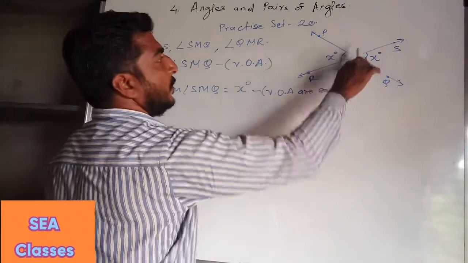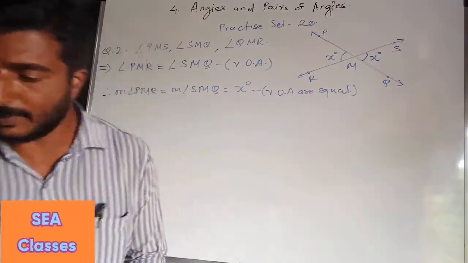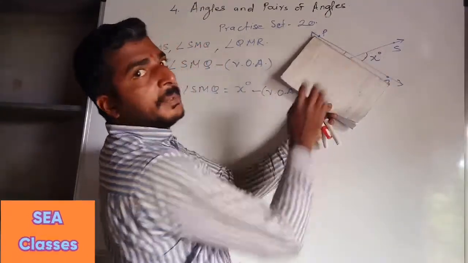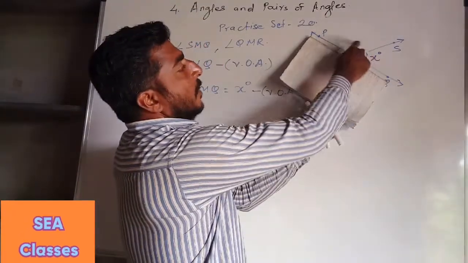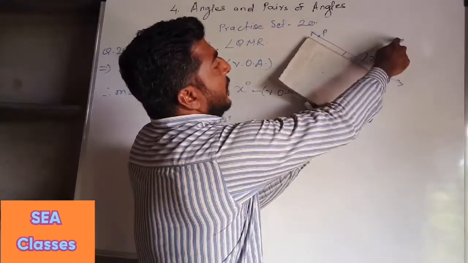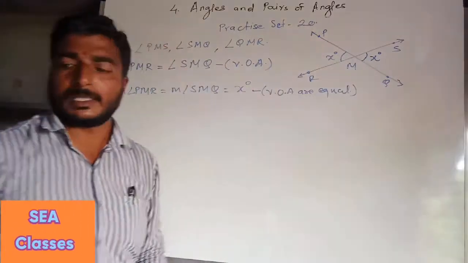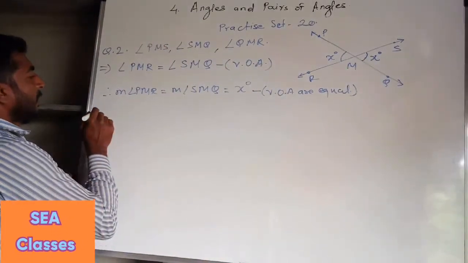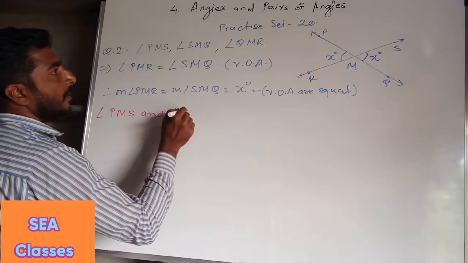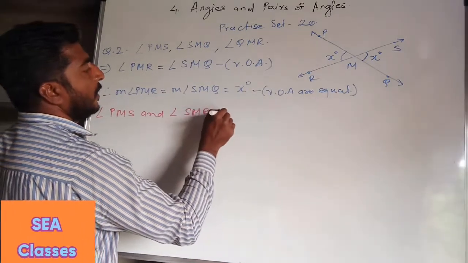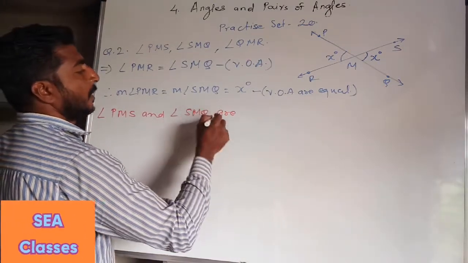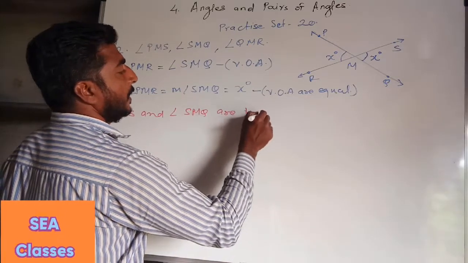Now you have to find the remaining two angles. So here you can see, as I have explained in the previous example, these two angles are linear pair angles, and linear pair angles are always supplementary. Therefore, angle PMS and SMQ, the sum of these two angles will be 180 degrees. So we can say that angle PMS and angle SMQ are linear pair angles.